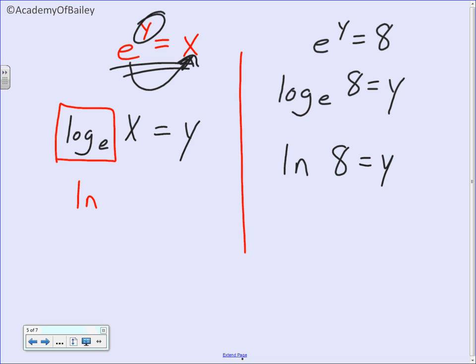I believe it's Latin for something like logarithmus naturali, I think. I haven't looked at my Latin for a long time. Actually, I never took Latin. But I'm pretty sure that's what it stands for, at least something close. So that's why it's ln and not nl. But anyway, so here we have the natural log, and that's what log base e can change to. The natural log of x is equal to y.